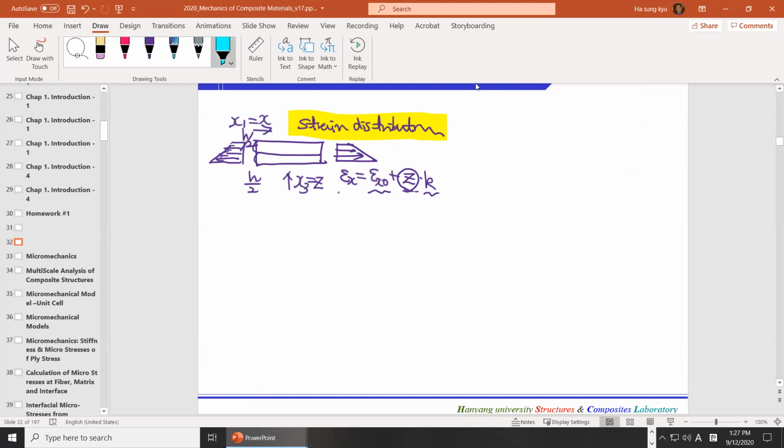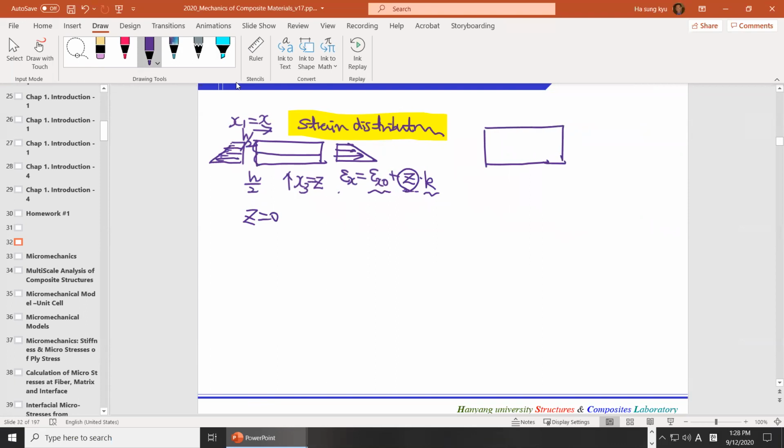So in this procedure, it is important: where is z equals 0? Since we assume this strain is a function of z, we assume that z equals 0 is at half of the thickness.